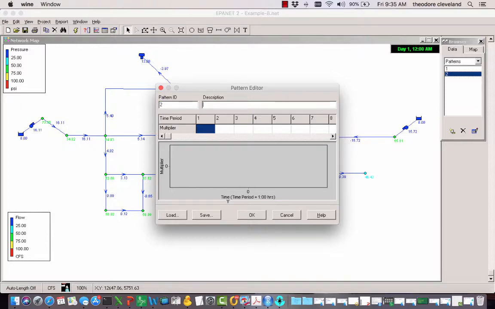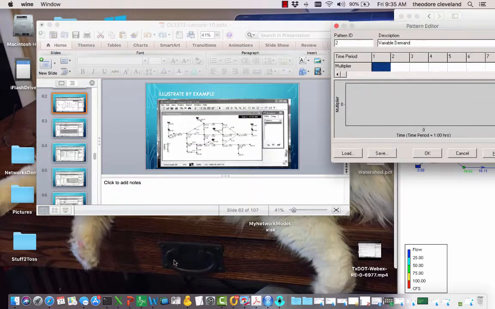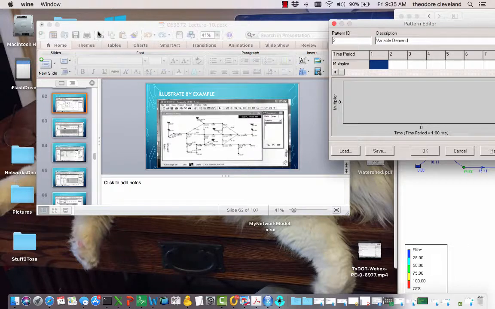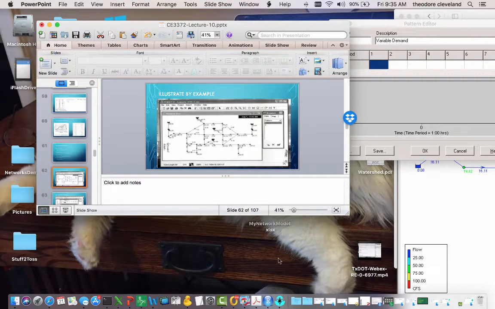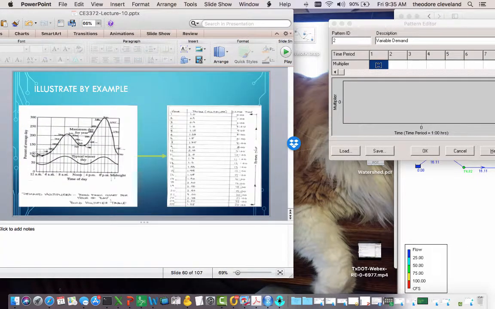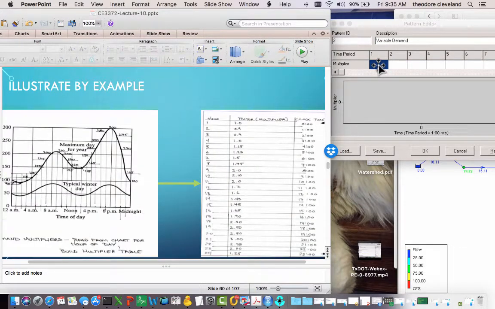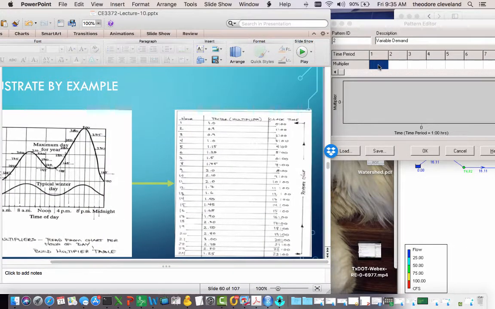There we go. Okay, so this is the variable demand, and we are going to make it fit that pattern. Let's see if I can get this big enough so I can have both things open at once. Okay, I can practically read that.